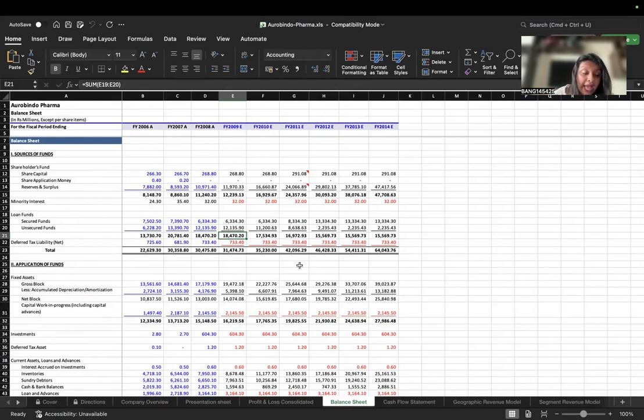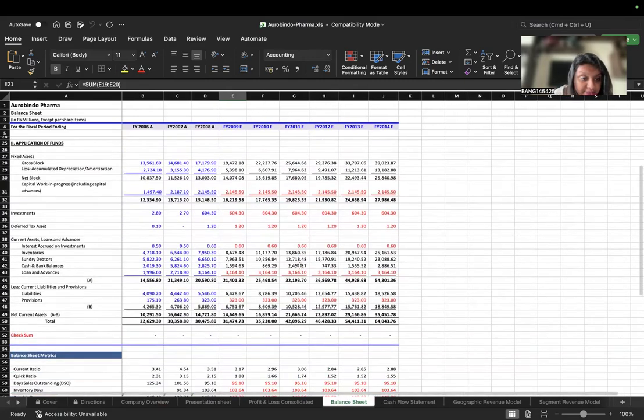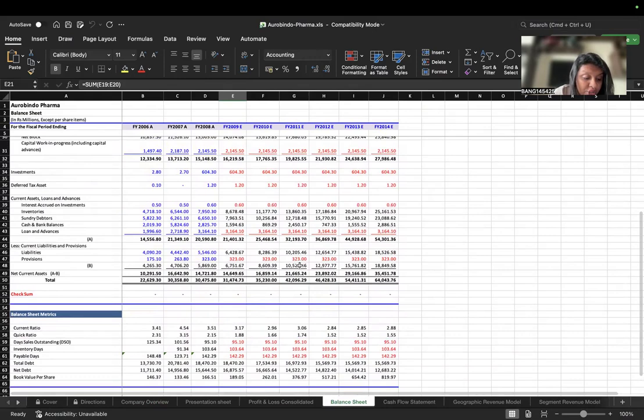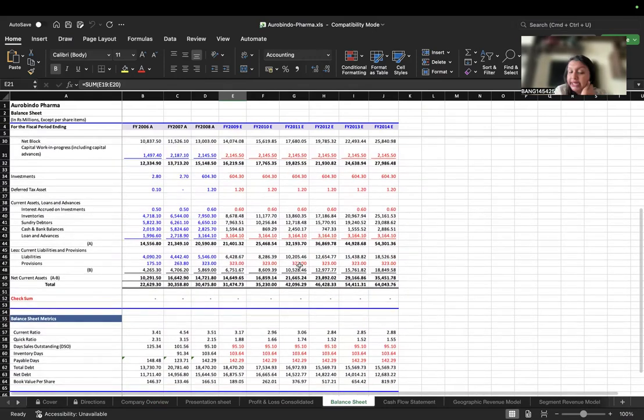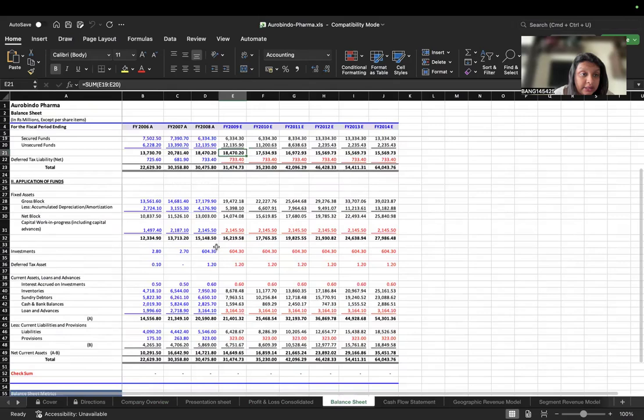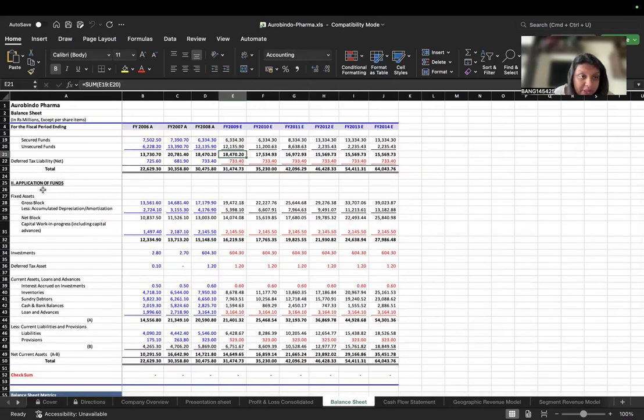So let's scroll down to the application of funds. Where is the money being deployed? In assets, of course. I'm talking about the fixed assets.